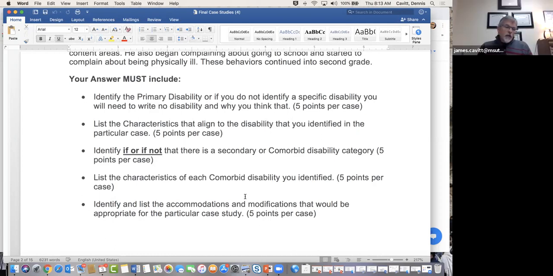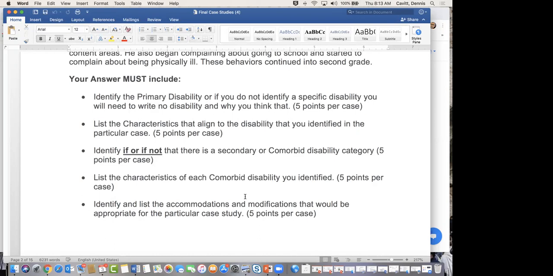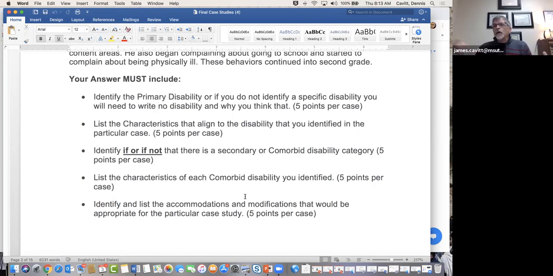And see, it wouldn't be OHI necessarily because he wasn't identified with something like Tourette's or ADHD or asthma or some kind of health disorder. And what we do know about kids with learning disabilities is that often, if they are premature, they're going to have some issues with learning.